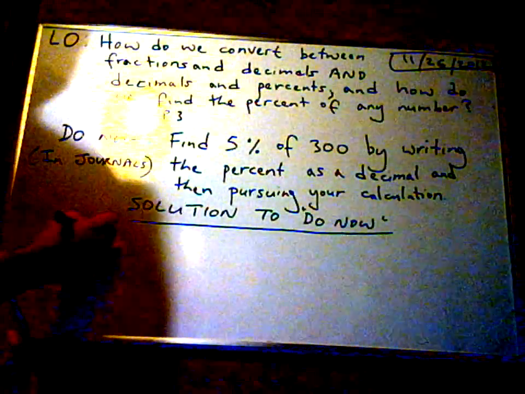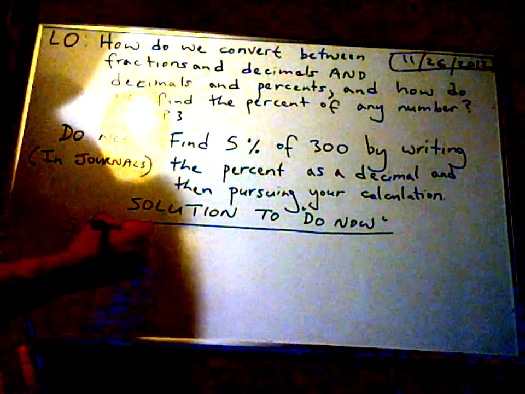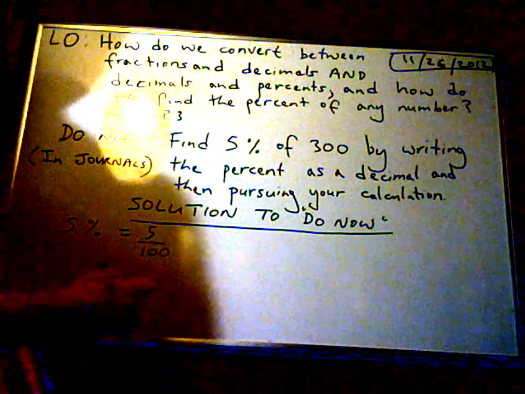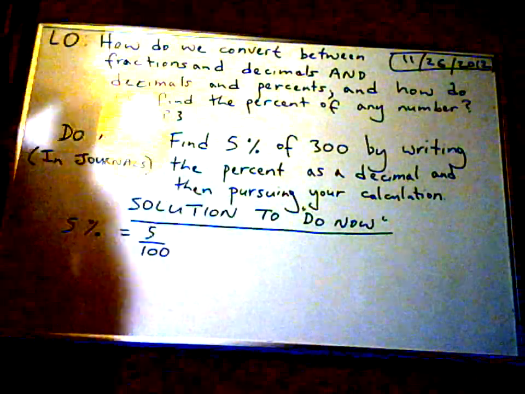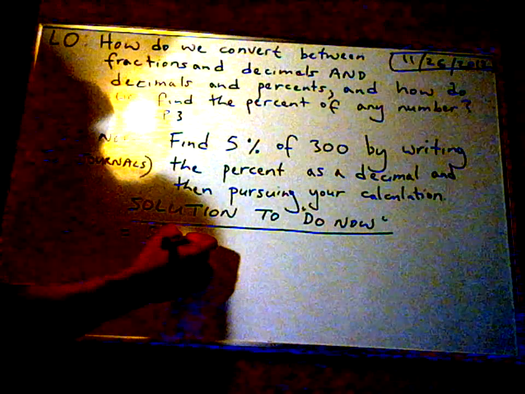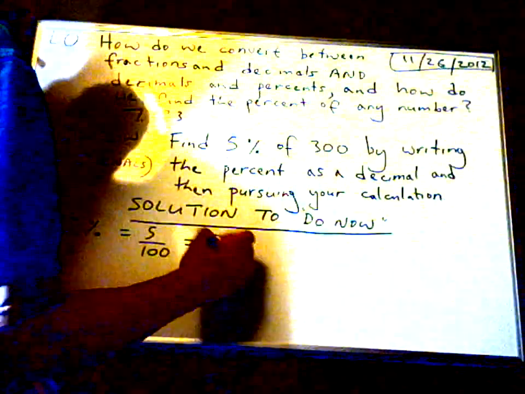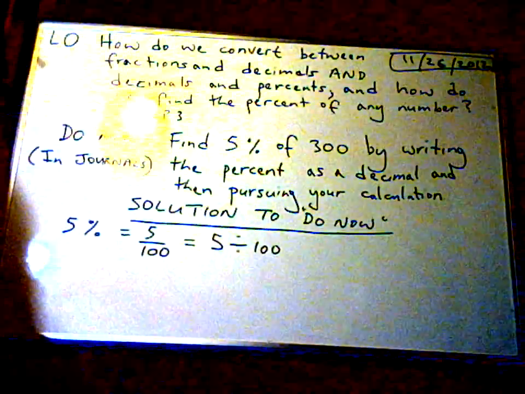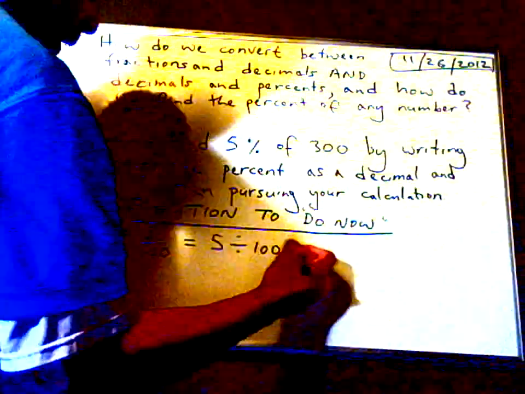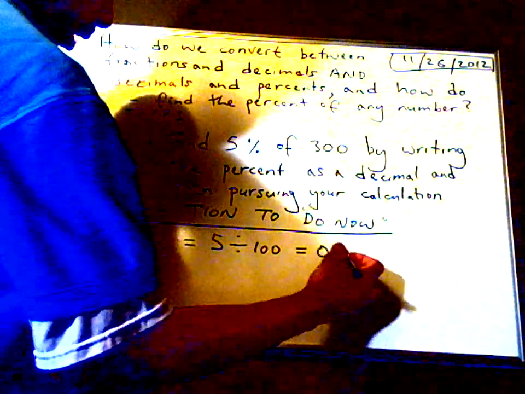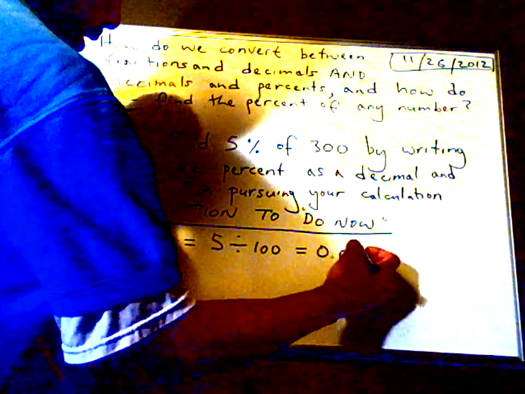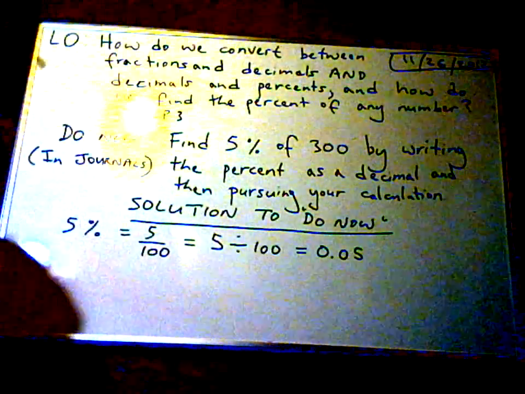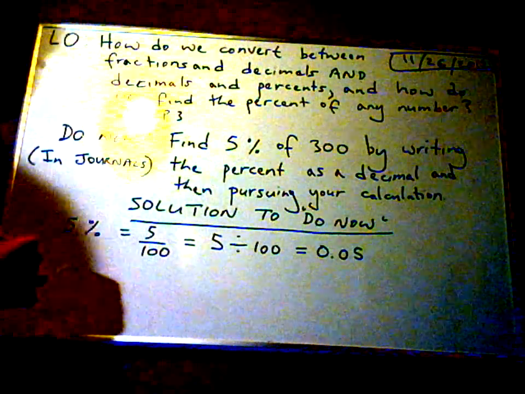First we know that 5% means 5 out of 100, which you can do on your calculator as 5 divided by 100. 5 divided by 100 is 0.05.